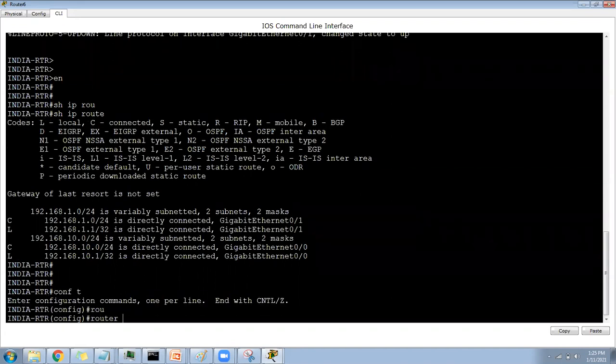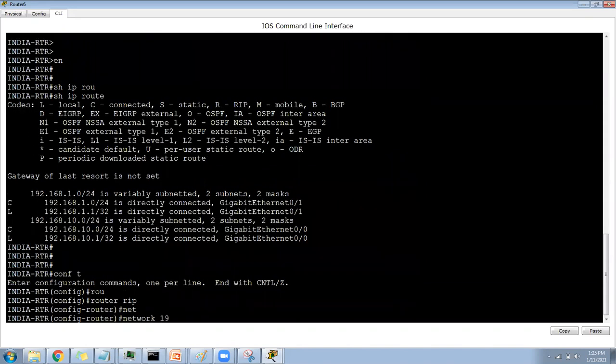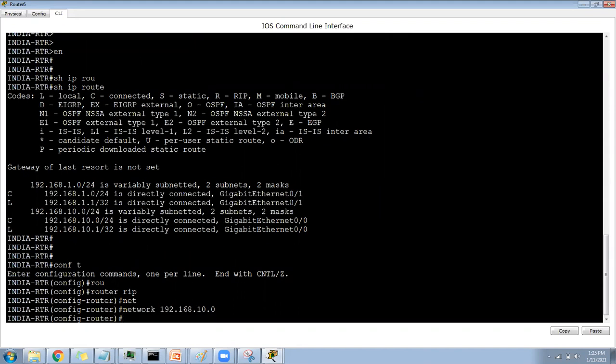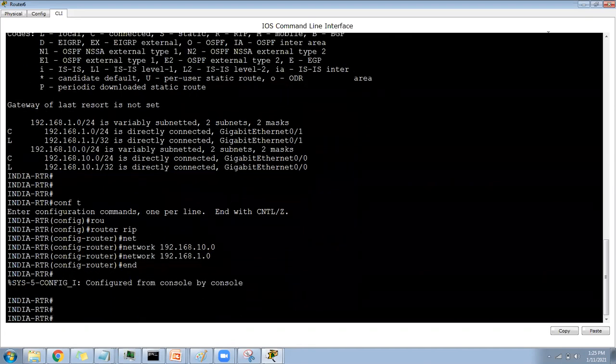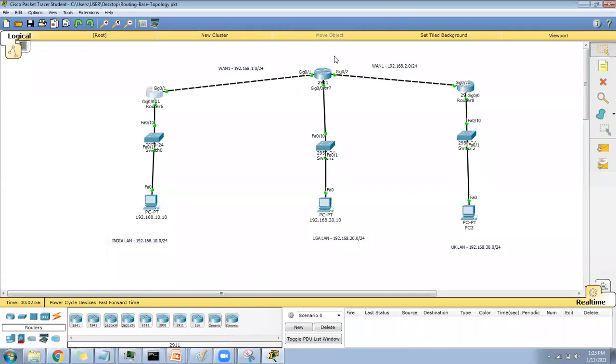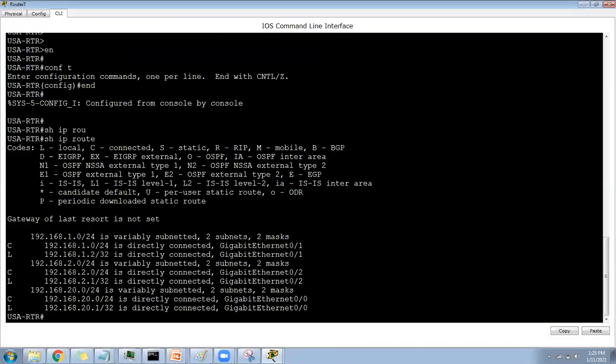Config terminal, router rip, network. What is the LAN? 192.168.10.0. And what is our WAN? 1.0. That's it. Configuration done. Similarly, go to the US router. How many directly connected networks?